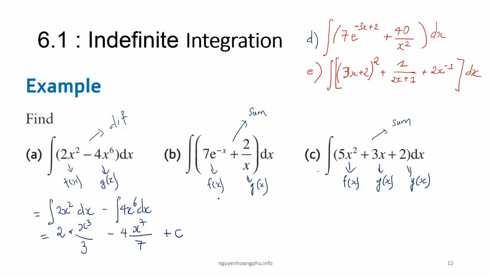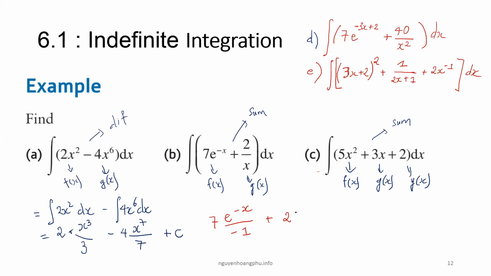So for B, f(x) here we take 7 out, right? And then here we have e^(-x) divided by minus 1, right? 2 out.